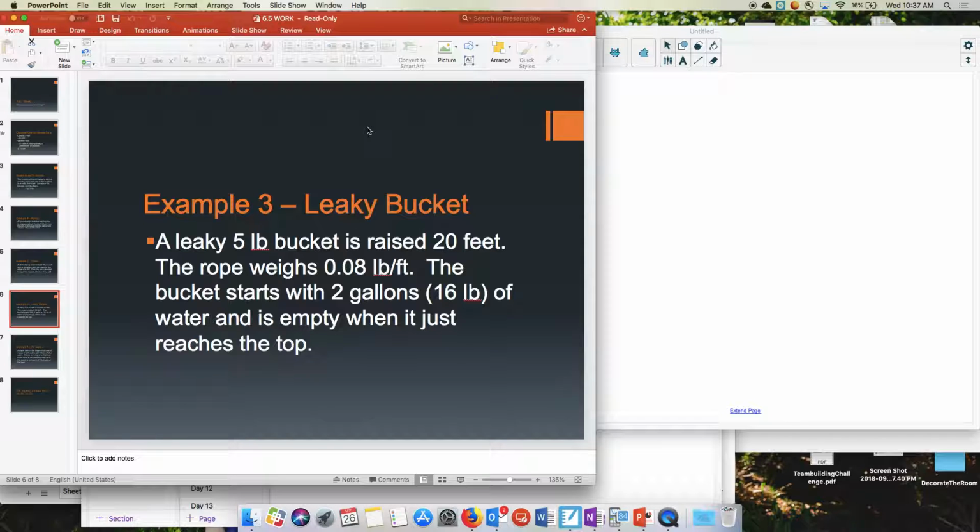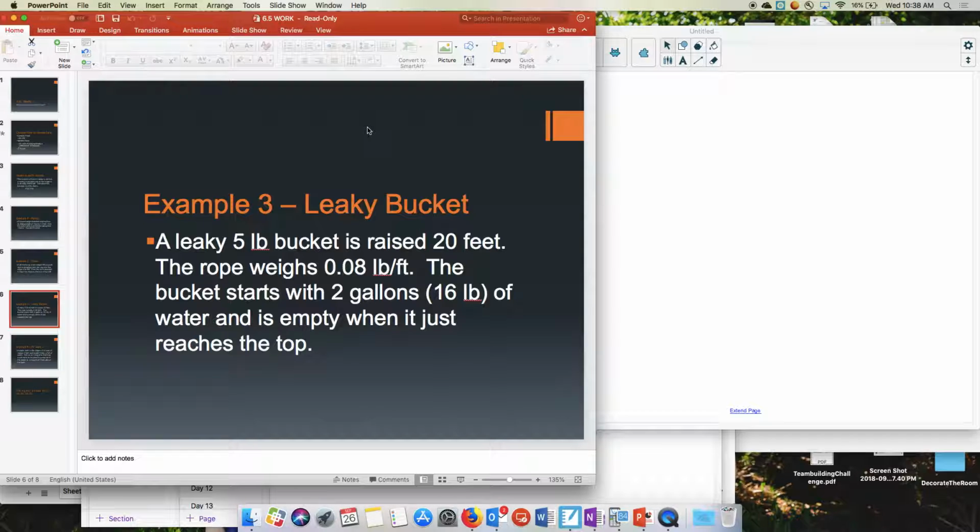First question, how many different forces do we need to consider? We have the bucket, the rope, and the water.